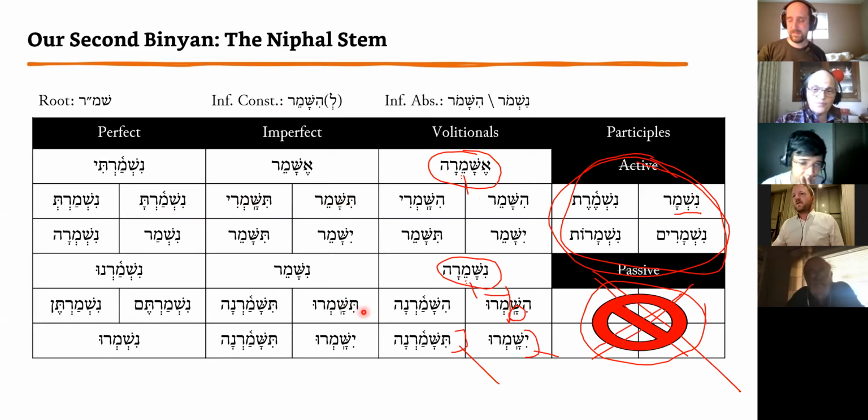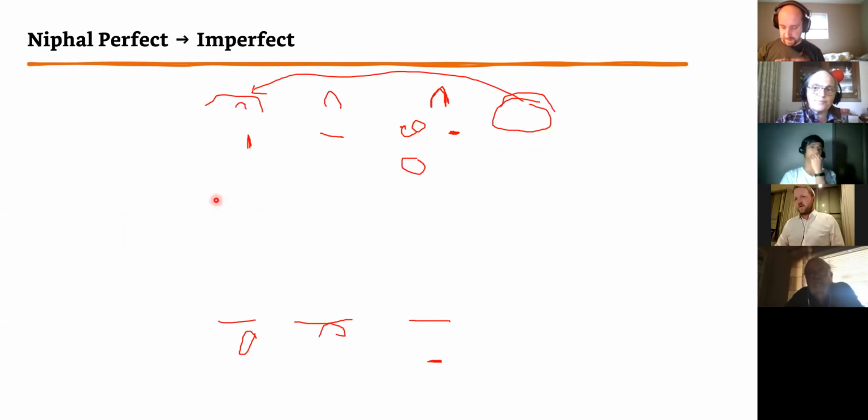Taf with u is masculine plural. Taf with na is feminine plural, and it can be third person, right? This one could also be third feminine. They're the same form. Taf with yod with e is second feminine singular.